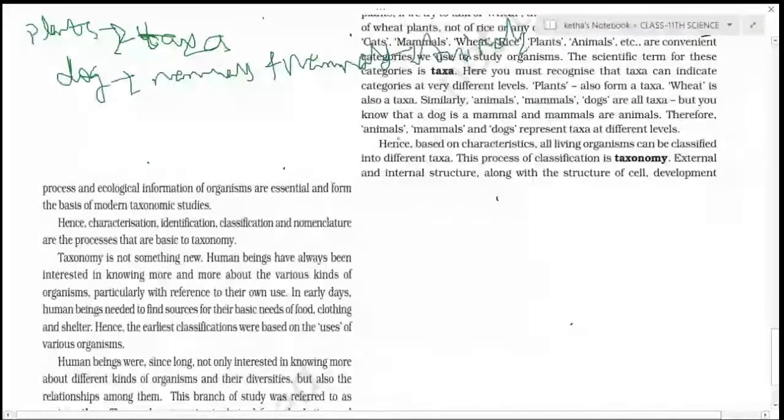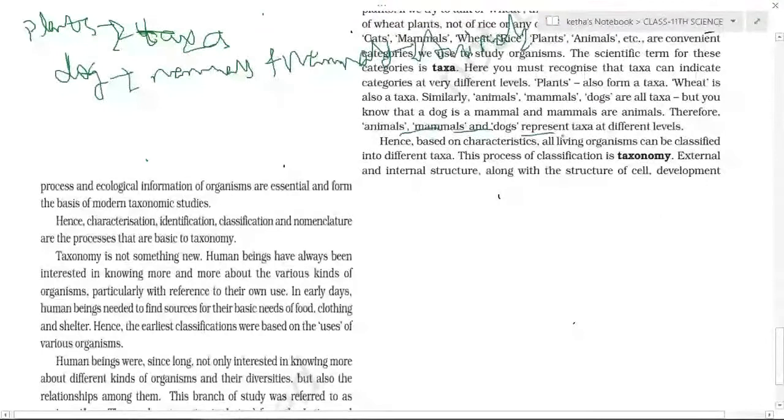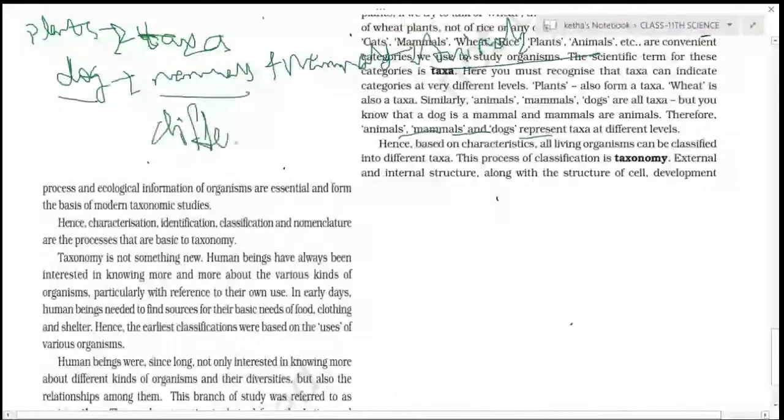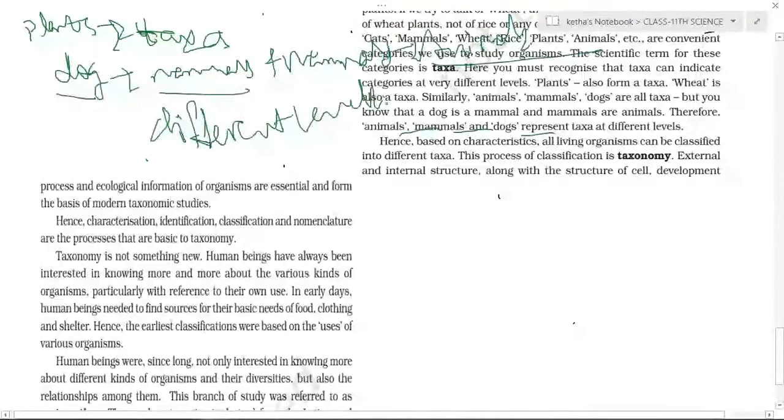Therefore, animals, mammals, and dogs represent taxa at different levels. So dog, mammal, and animal come under different levels. Hence, based on characteristics, all living organisms can be classified into different taxa.